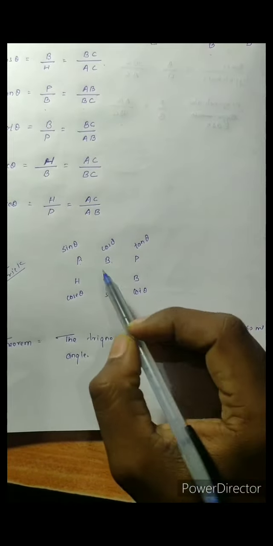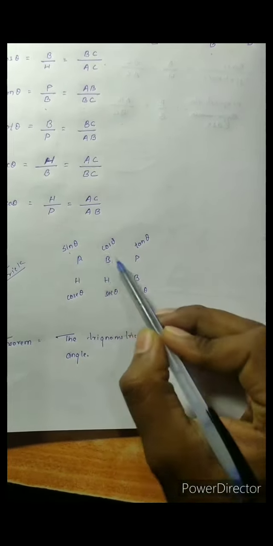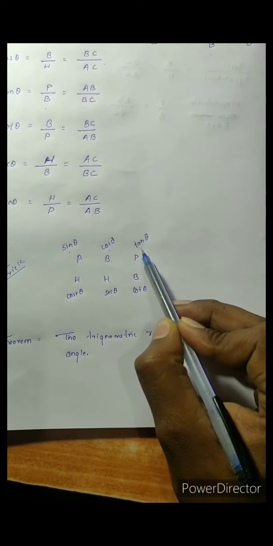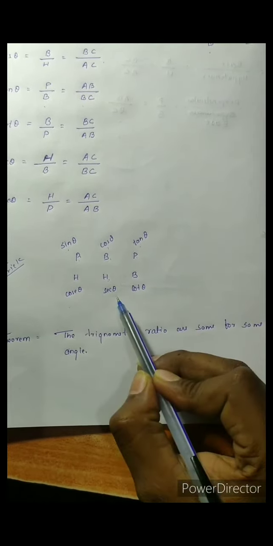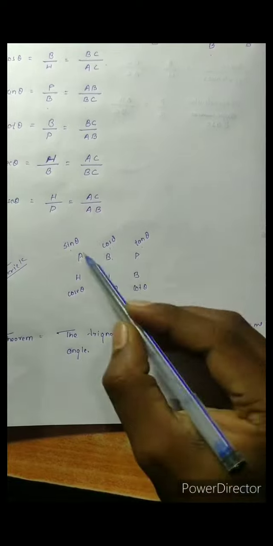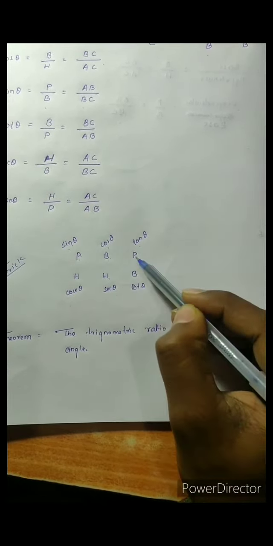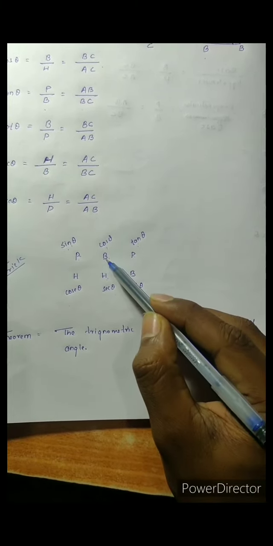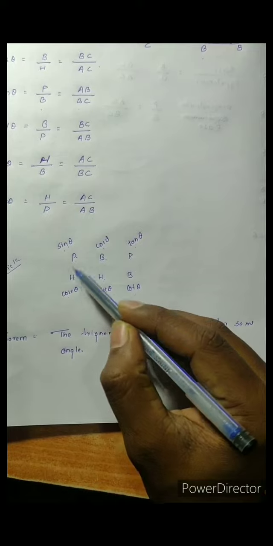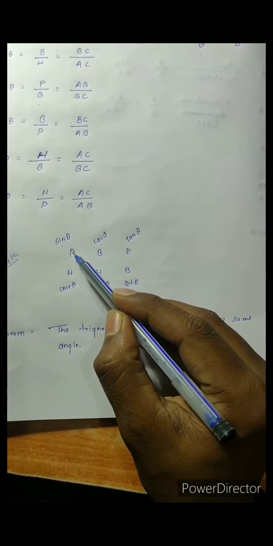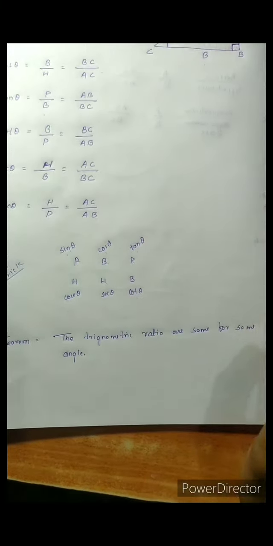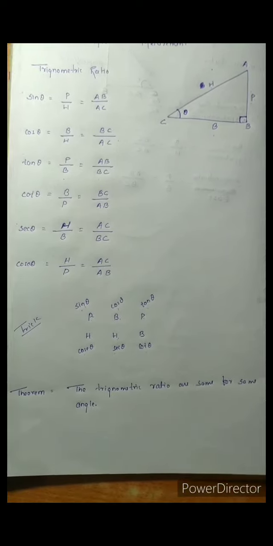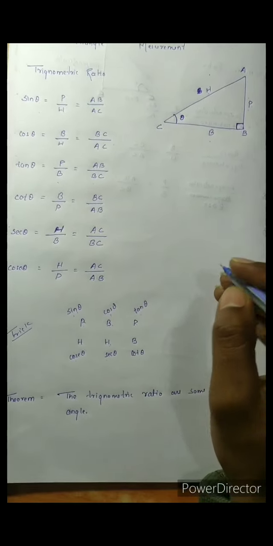Then write sin theta, cos theta, tan theta, cosec theta, sec theta and cot theta. Sin theta is perpendicular upon hypotenuse, cos theta base upon hypotenuse, tan theta perpendicular upon base, cot theta base upon perpendicular, sec theta hypotenuse upon base, cosec theta hypotenuse upon perpendicular. By memorizing it, you can solve any questions of trigonometry.